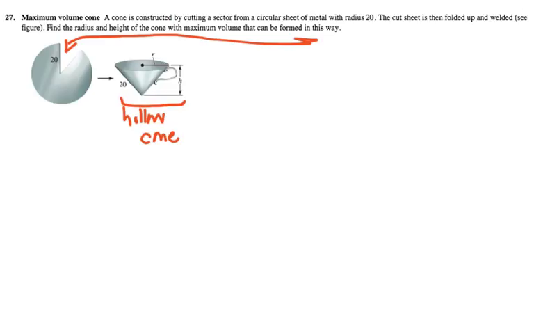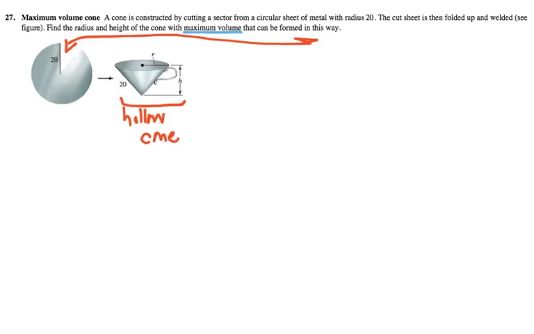Alright, so we have a picture. We want to optimize something. So let's look for some keywords about what we're supposed to optimize. And right here I see it says maximum volume. Okay, so that's my key, that we're trying to optimize volume here, and we're trying to find the maximum volume.